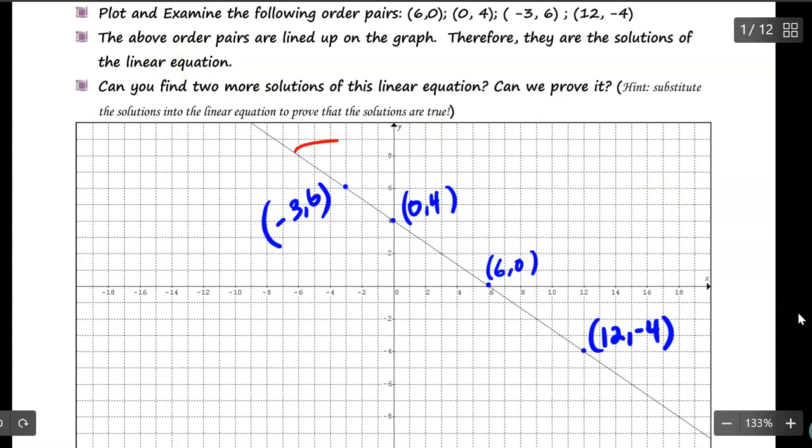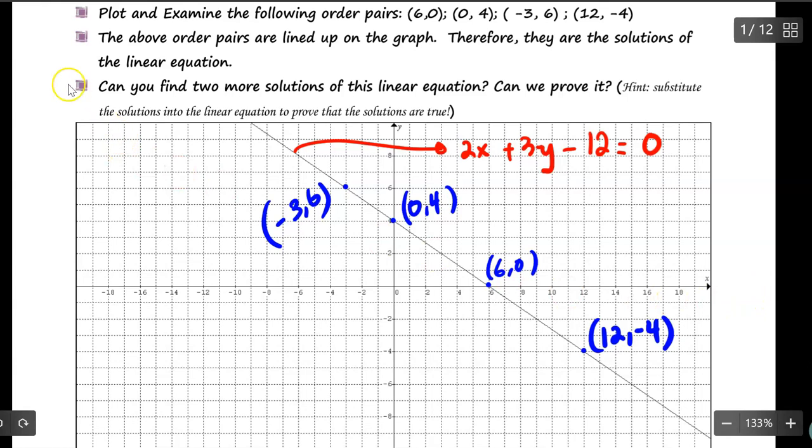This entire equation here is 2x plus 3y minus 12 equal to 0. And this is the general form of this linear equation. So this whole graph is 2x plus 3y minus 12 equal to 0.